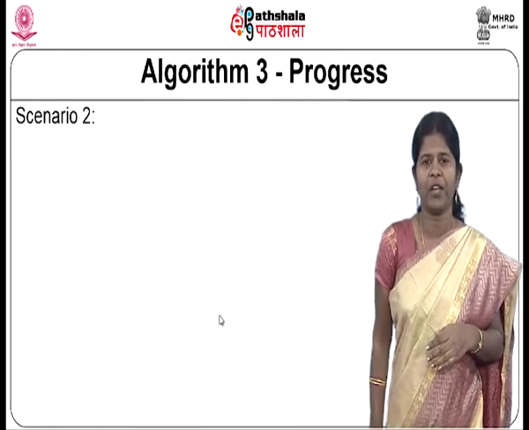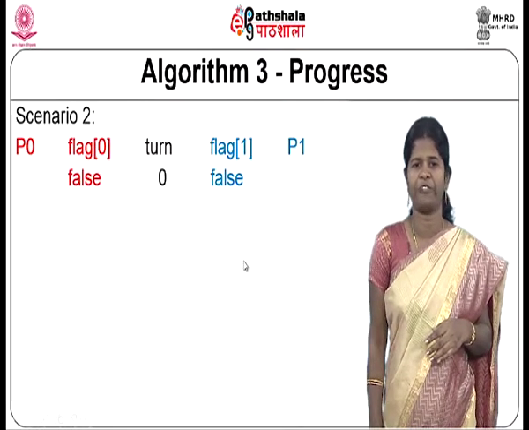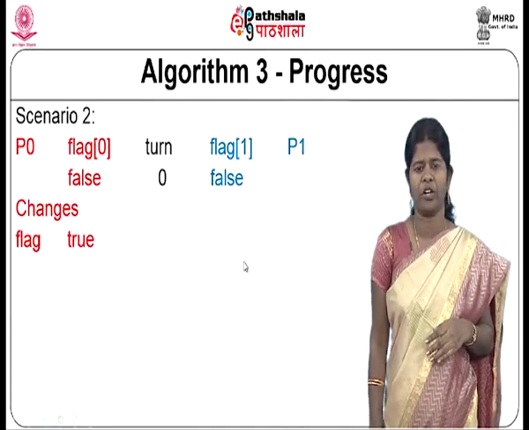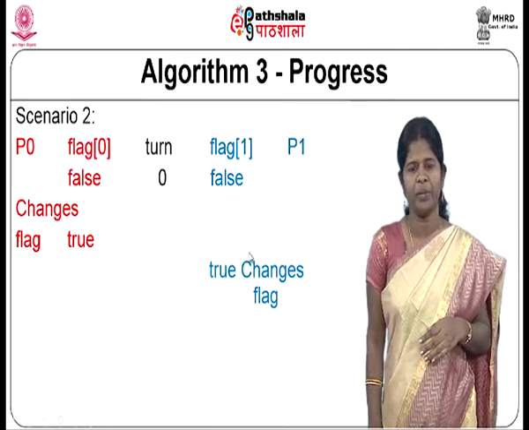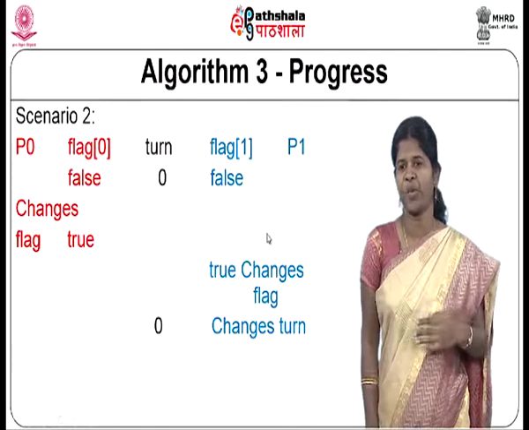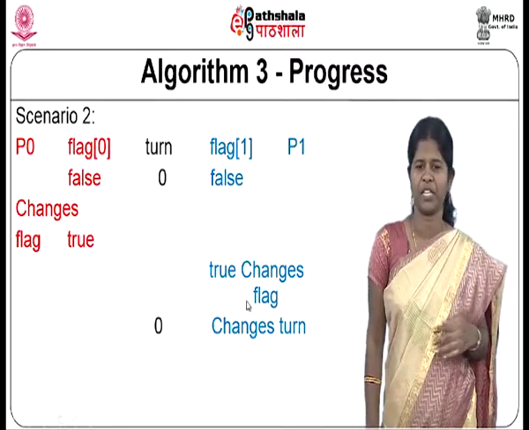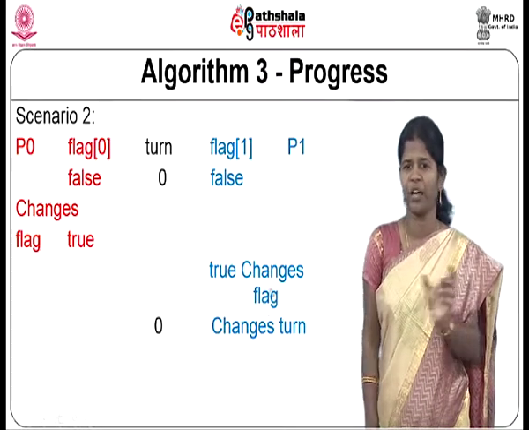And look at this scenario again for progress. Initial values of flag and turn, P0 sets flag to be true and P1 also changes flag to be true. So, here I see that P1 changes the value of turn first. So, turn is kept as 0 because it has that code turn equal to j.